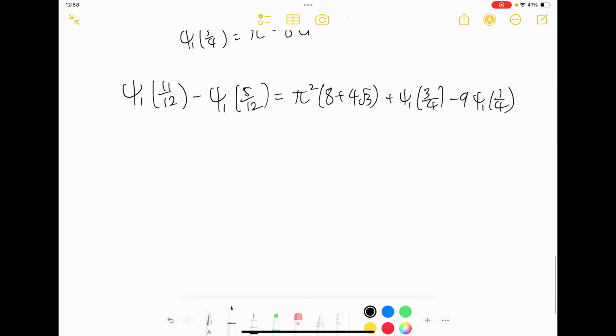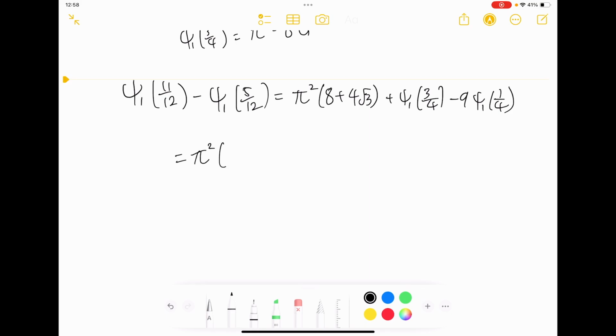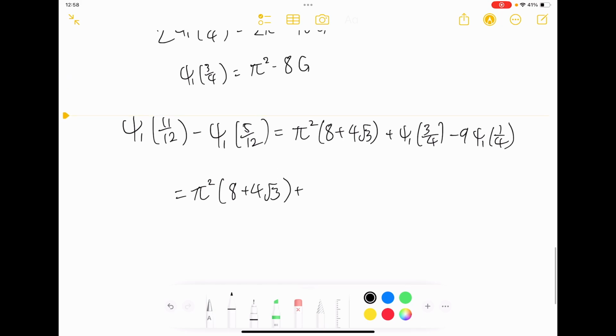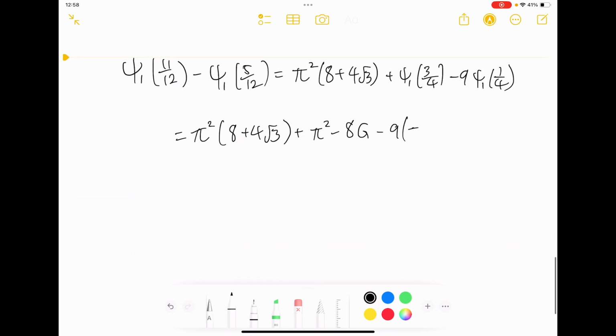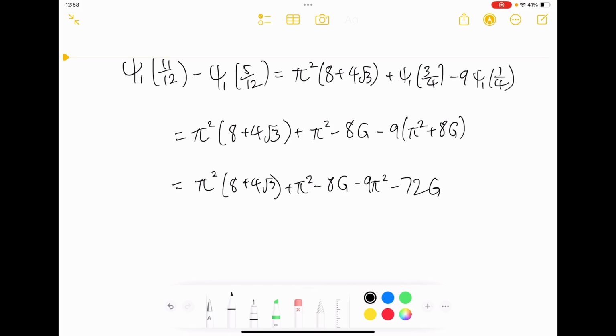That means this is equal to pi squared times (8 plus 4 root 3) plus psi 1 of 3/4, which is pi squared minus 8G, minus 9 times (pi squared plus 8G). And that is going to be pi squared times (8 plus 4 root 3) plus pi squared minus 8G minus 9 pi squared minus 72G.